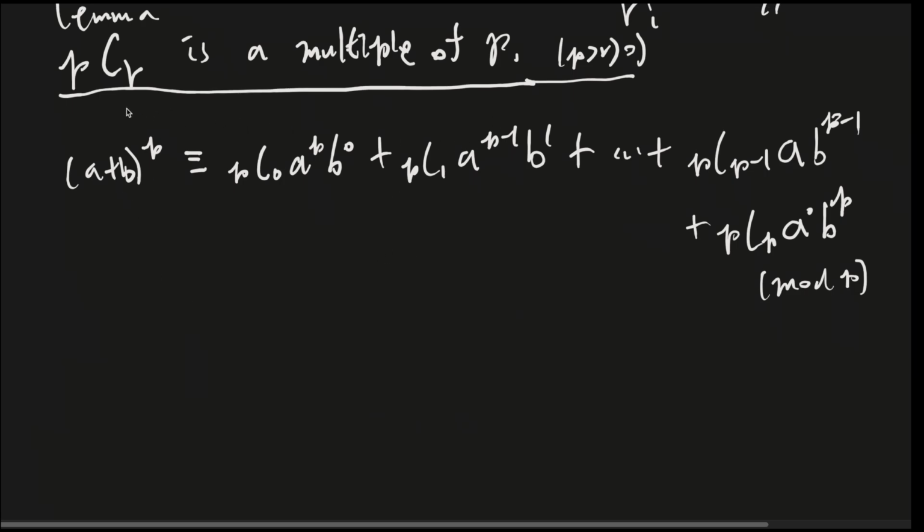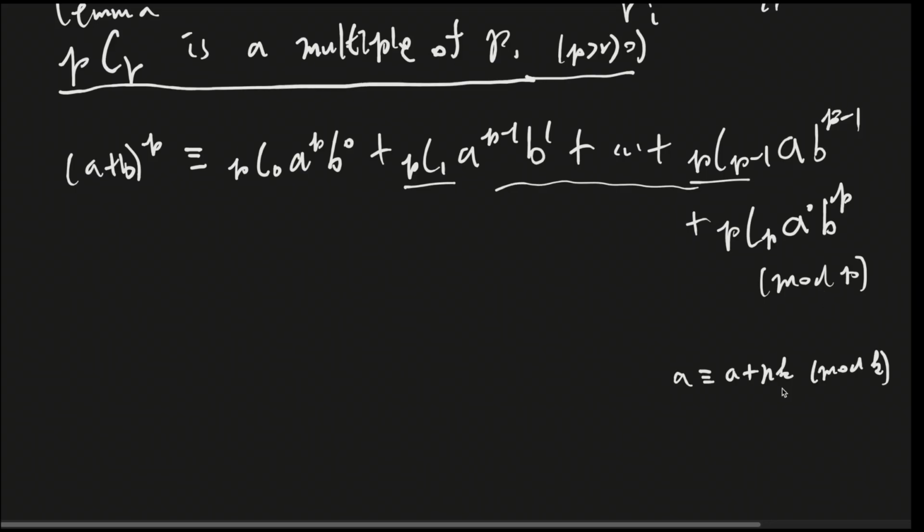And also we know from our lemma that PCR is a multiple of P if P and R are greater than 0 and P is also greater than R. That means this thing and any terms in between, they are all multiples of P. That means when n is a negative number, we can keep subtracting k from A, and they will always be the same.